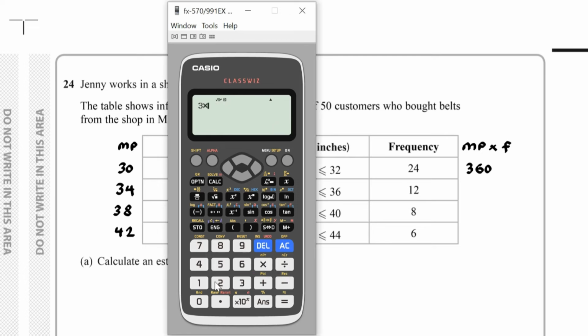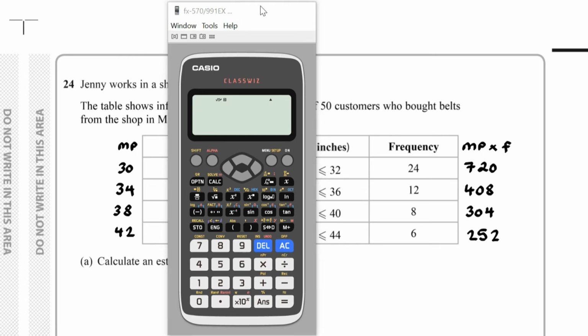Rather, here I've got 24, so here I've got 720. 34 times 12 is 408. 38 times 8 is 304. And 42 times 6 is 252.